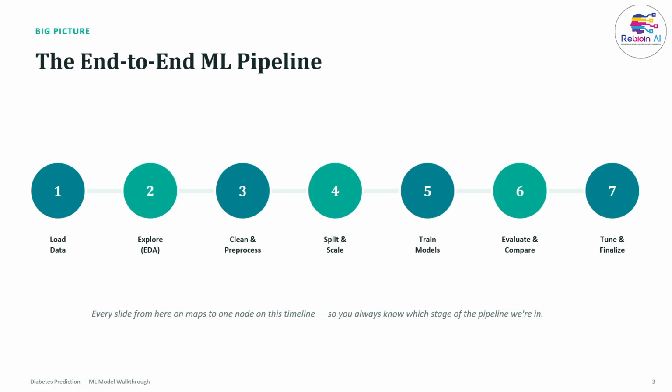Almost every tabular machine learning project you will ever work on follows roughly this same shape. So pay attention to the pattern, not just the specific dataset, because that pattern is the reusable part. Every machine learning model needs these seven steps.